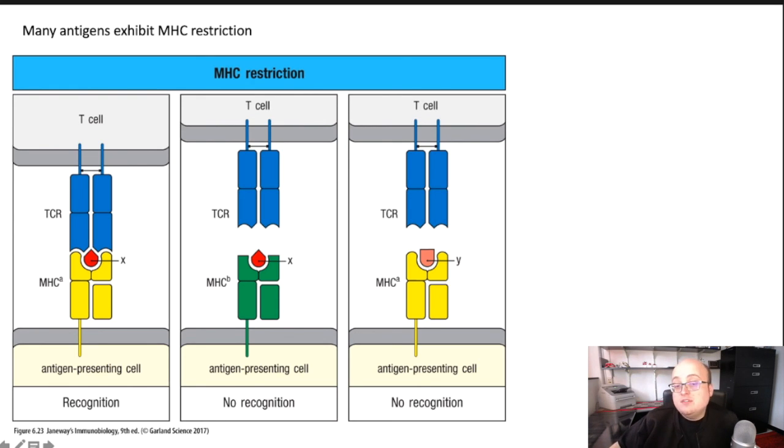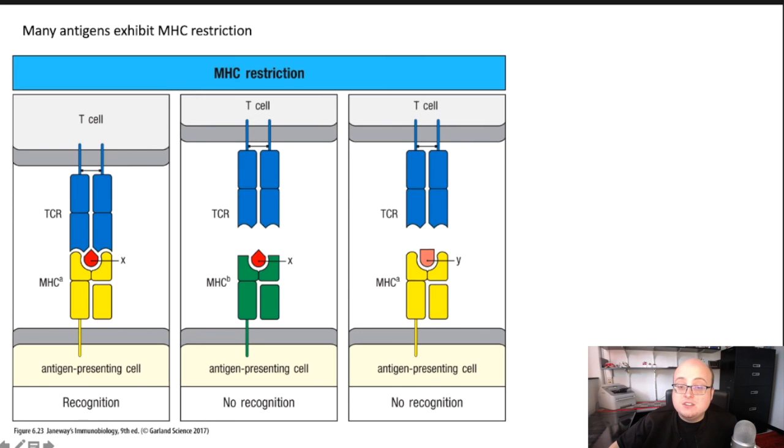However, a different version of MHC expressed by the same individual, we'll call this one MHC B, comes from a different gene and a different set of alleles. Its shape is not quite right. Maybe it can bind to X, but it doesn't hold on to it long enough, or it doesn't hold it in the right position. And so ultimately, it's never able to successfully present the antigen to the T cell, so we don't get any T cell activation.